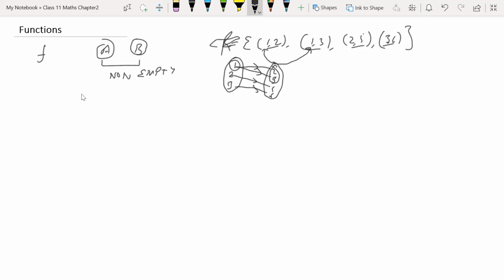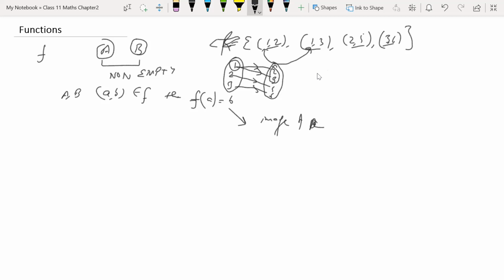So if there is a function from A to B, and (a, b) belongs to f, then we can say that f(a) is equal to b. Here b is known as the image of element a, and a is called the pre-image of b.